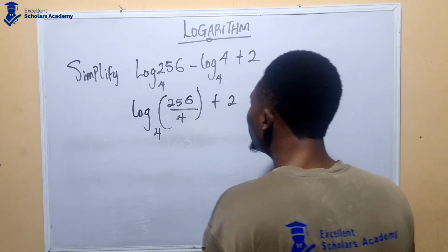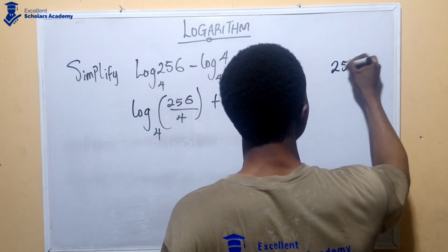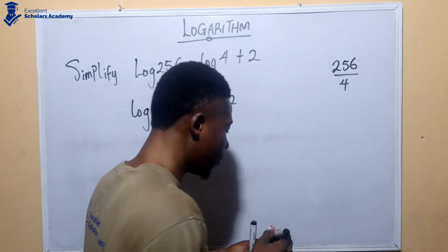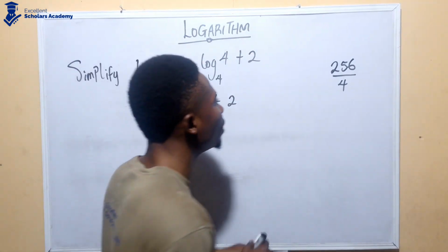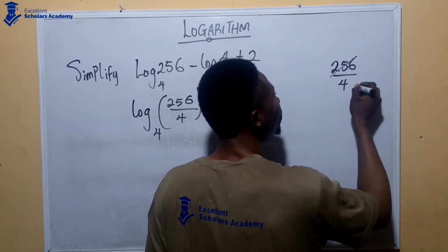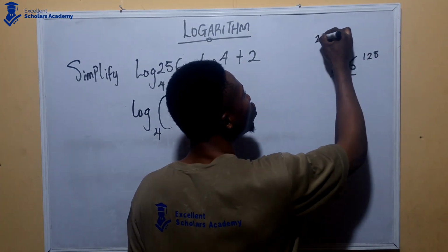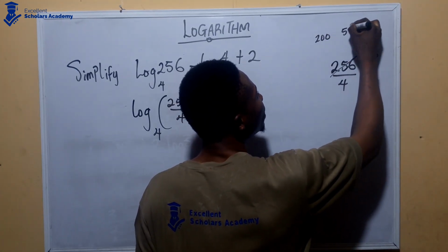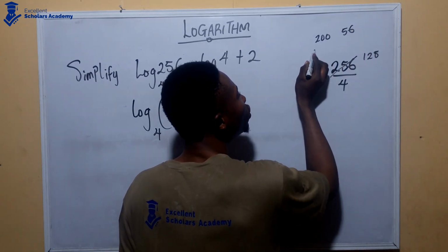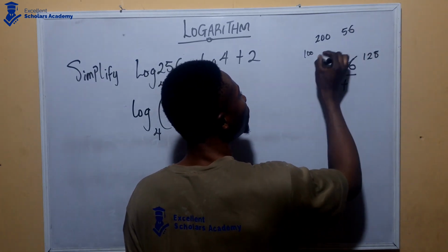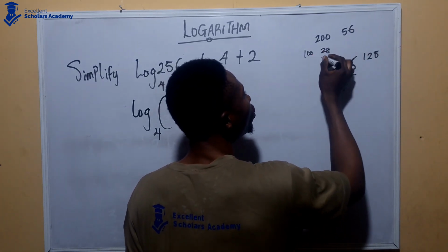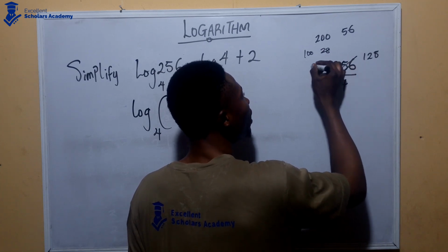Now, let's see 256 over 4. Can 4 go in 256? Now, let's divide. 2 can go in 256 and it gives you 128. You can split it like this, 256. 2 in 200 gives you 100. 2 in 56 gives you 28. So 100 plus 28 gives you 128.